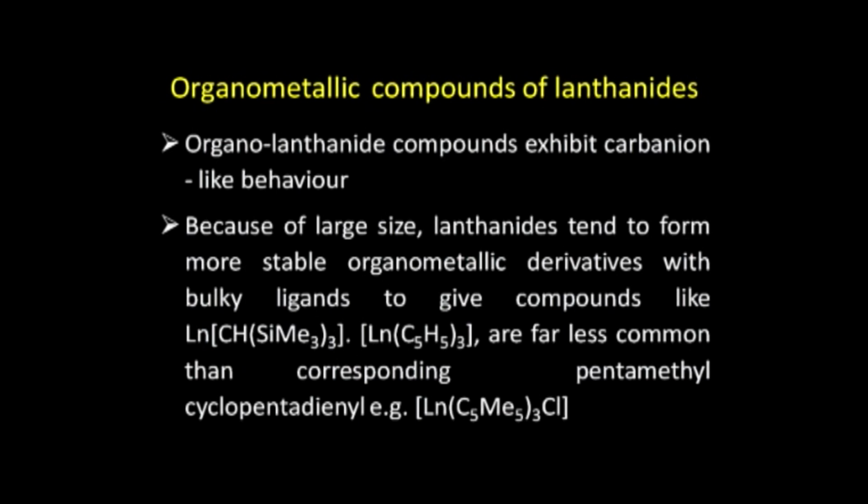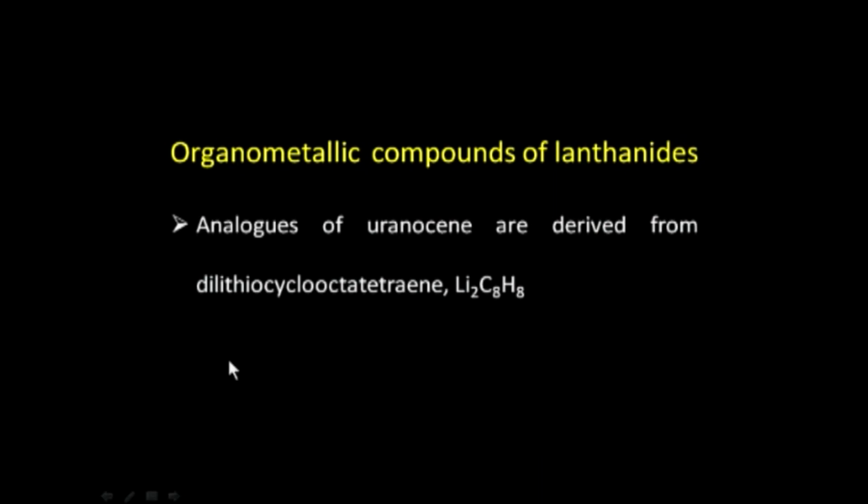These are far less common than the corresponding pentamethylcyclopentadienyl compounds of (C5Me5)3Cl type. The analogues of uranocene are derived from cyclooctatetraene dianion, of Li2C8H8 type.